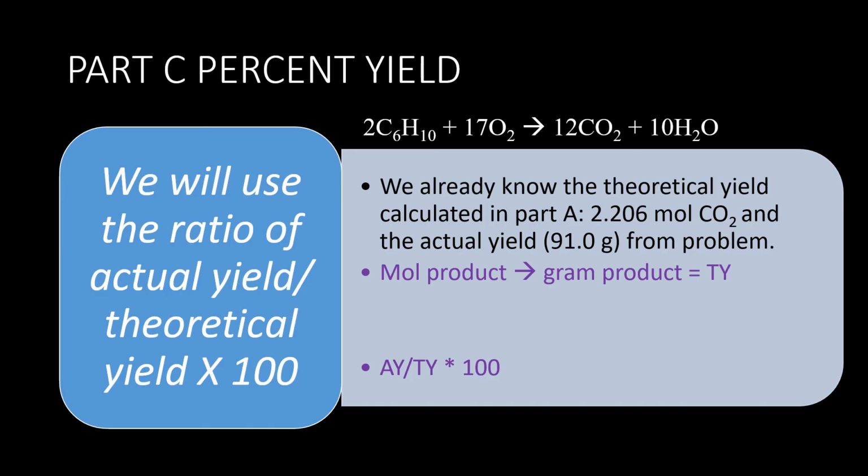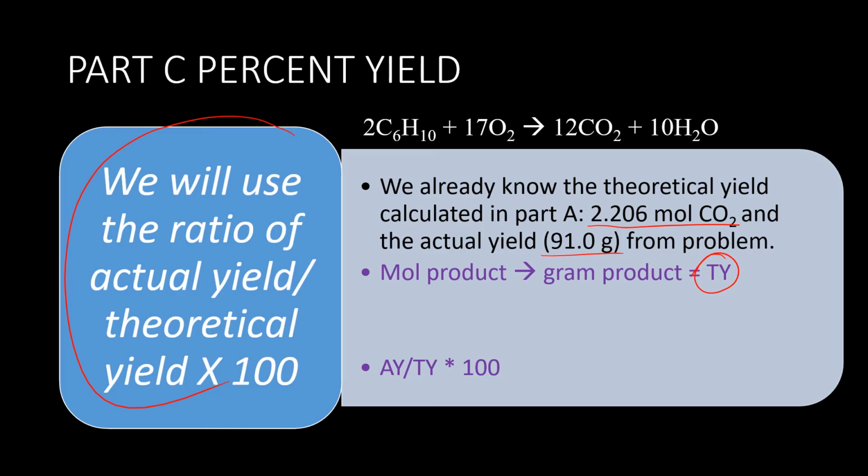Finally, we can do part C, percent yield. There's a couple pieces of data that we need from our calculations and from the problem. We know that the maximum amount of product we can make is 2.206 moles of CO2, and we're told in the problem that the actual yield is 91.0 grams. So, since we need the ratio of actual yield to theoretical yield in grams times 100%, we're going to go from moles of CO2 to grams of CO2, which is our theoretical yield.